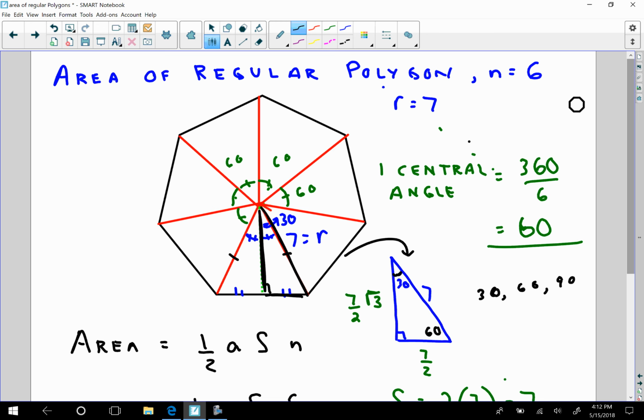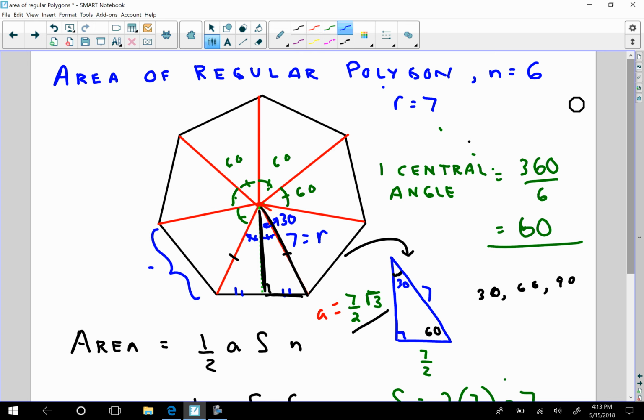And I also know from the properties of a 30, 60, 90 that the long leg is square root of 3 times the short leg. And that long leg in this case happens to be our desired apothem. Ooh, and what is our side length this time?